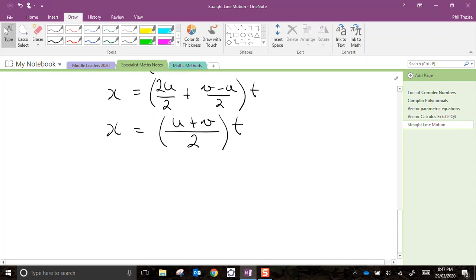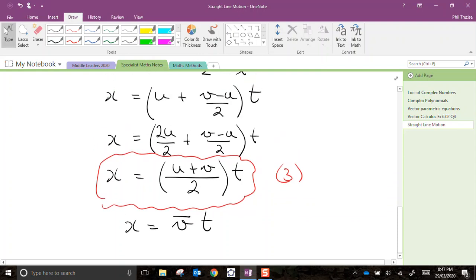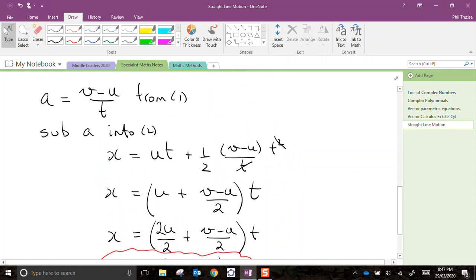So that's a third equation of motion, a different way of finding position, or x. Some people will write this in the form of x equals the average velocity multiplied by time, and the average velocity then is the initial plus the final divided by 2. So that's not really an equation of motion, but the third one is. That's quite handy sometimes to use.